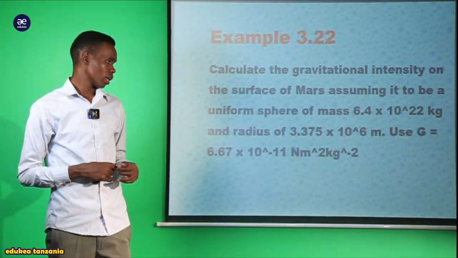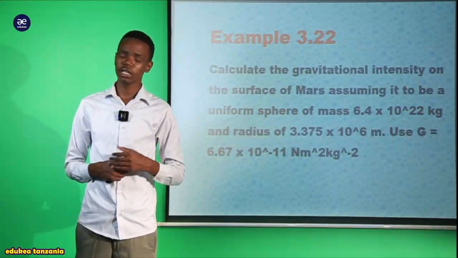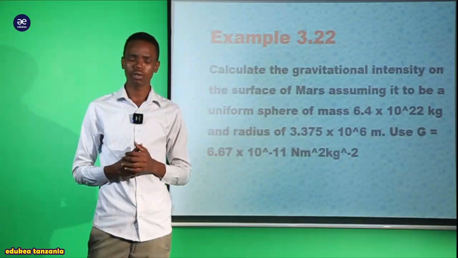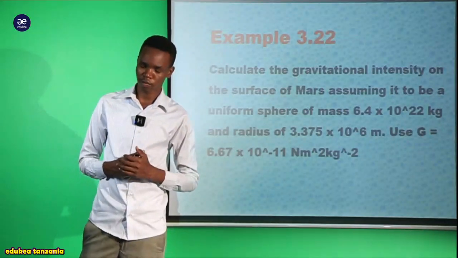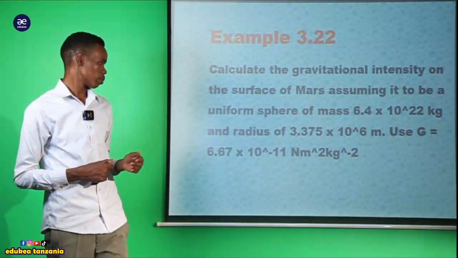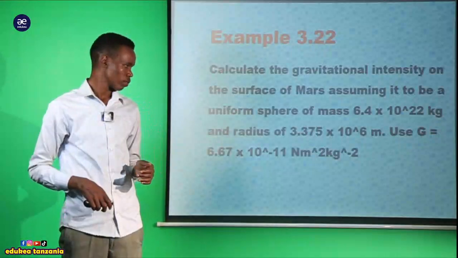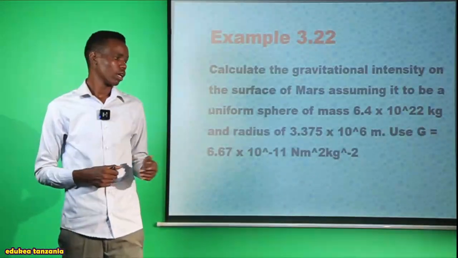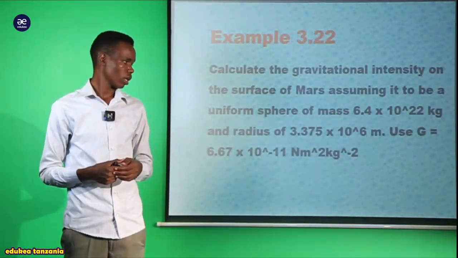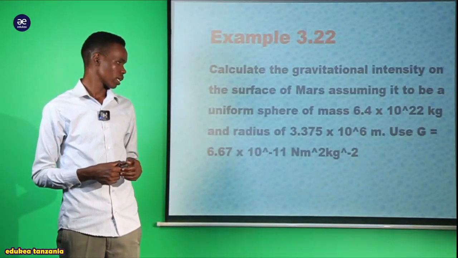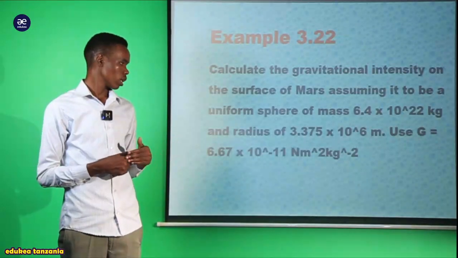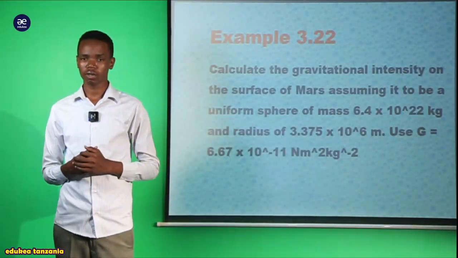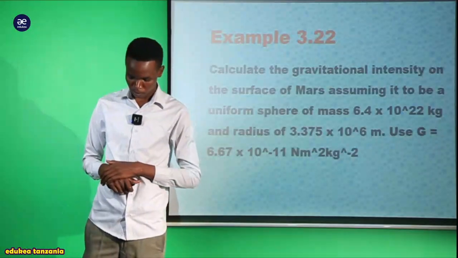Finally we have the G. It means we have been given G. G is always a constant, the universal gravitational constant, 6.67 exponent -11. Its unit is Newton meter square per kilogram square.